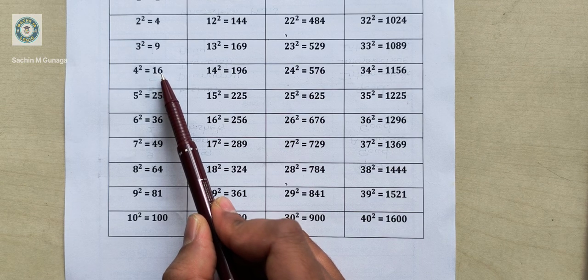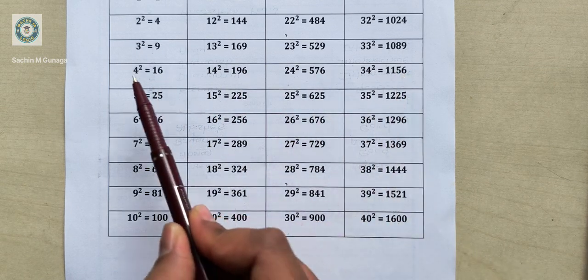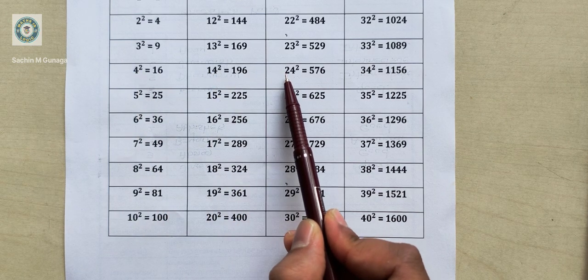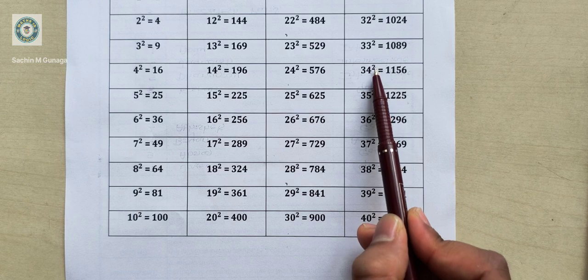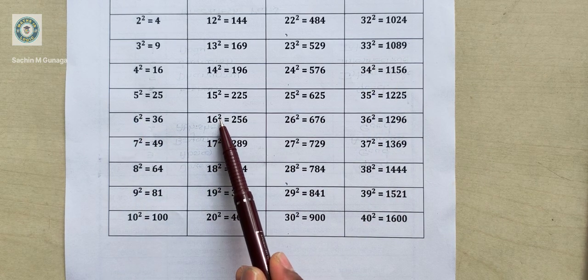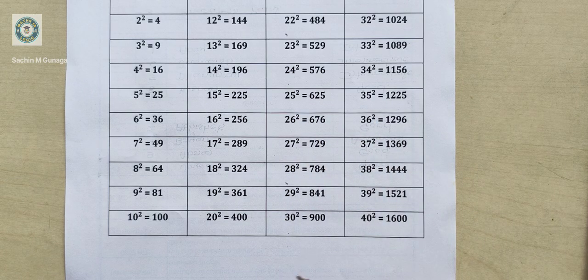Next, the last digit number 6 we are getting for 4 square, 14 square, 24 square, 34 square, and so on, as well as 6 square, 16 square, 26 square, 36 square, and so on.